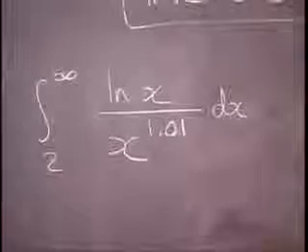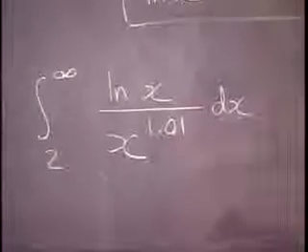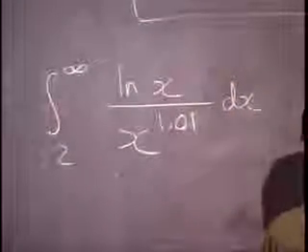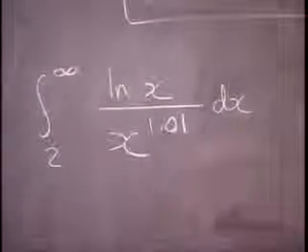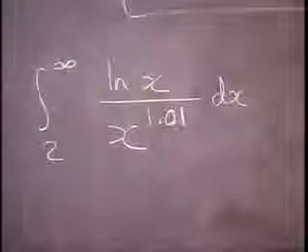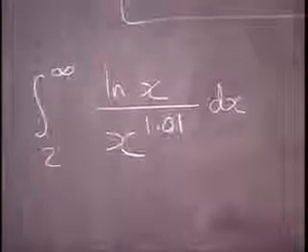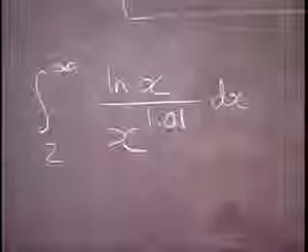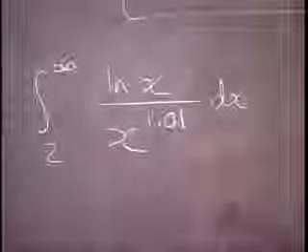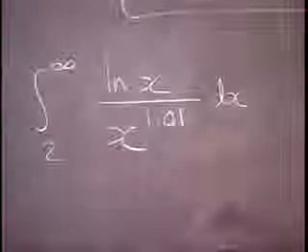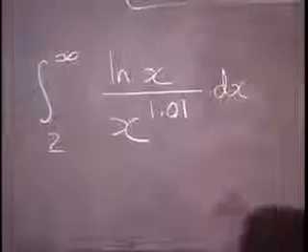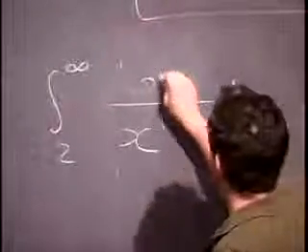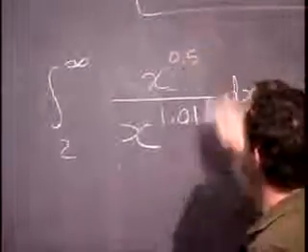Now it's time to use a little bit of intuition. Suppose the log x was not there. This was just 1 over x to the 1.01. Would that converge or diverge? Converge. It would converge because the power 1.01 is bigger than 1. So the log x on the top, imagine if instead of log x, I'll put it back in a second, imagine this was x to the 0.5 or something.